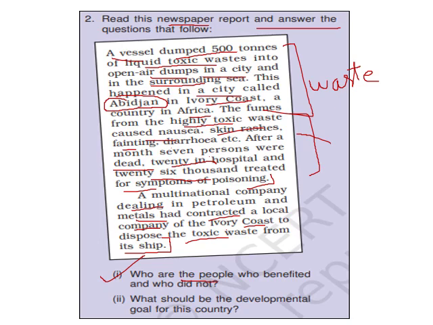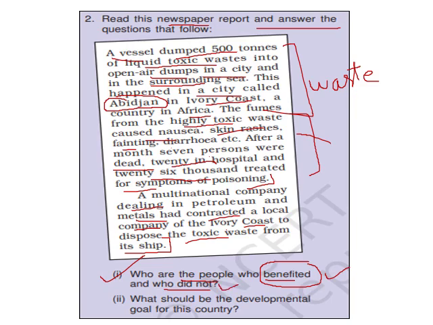But the benefit is associated with the local company which is located in Abidjan, Ivory Coast, and who is not benefited is the local people who are living just near the area where that ship is going to deposit or dispose of that toxic waste. So the poor people who are living in that locality are not benefited. It is a benefit for one, but at the same point of time it is destruction for the other.